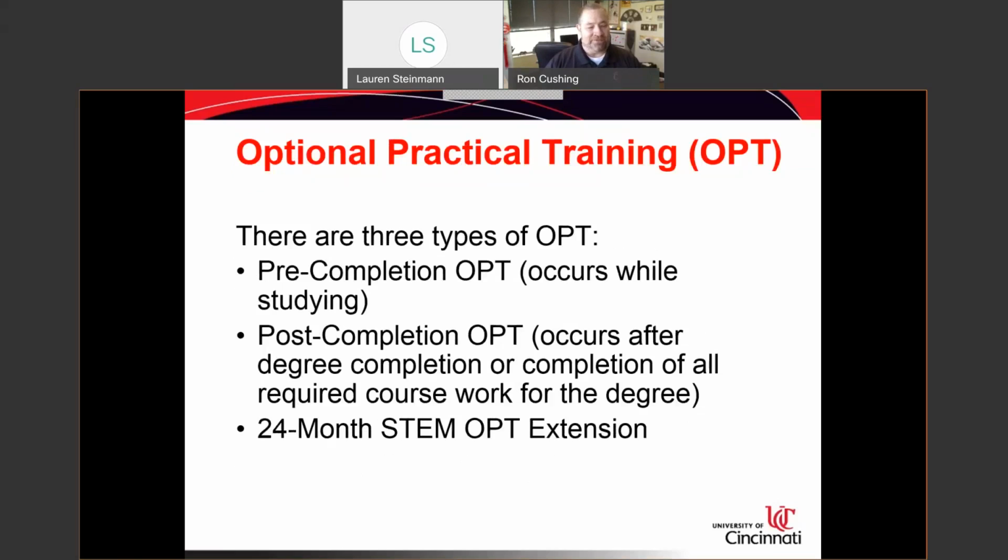Post-completion occurs after completion of the degree or after completion of all required coursework. And then the third type is the 24-month STEM OPT extension, which is available to students who are studying in fields designated by the Department of Homeland Security to be in science, technology, engineering, or mathematics, and provided the employer uses the E-Verify system to hire all of their employees.